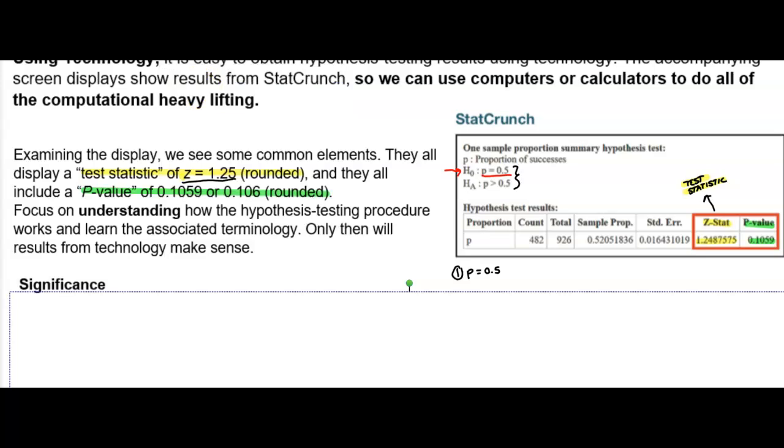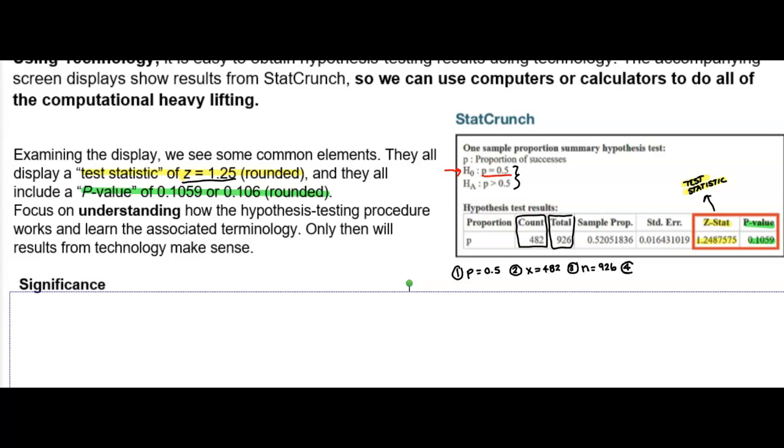Next, we need to take a look at number 2. What does x equal? Well, x is the count. So the count here represents 482. Number 3, what is the sample size? Well, the sample size is 926.